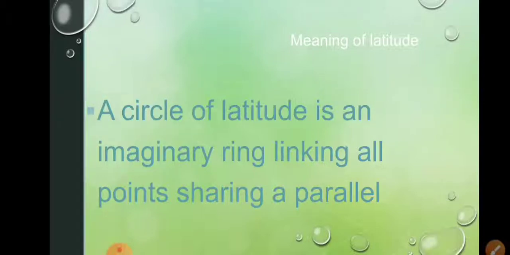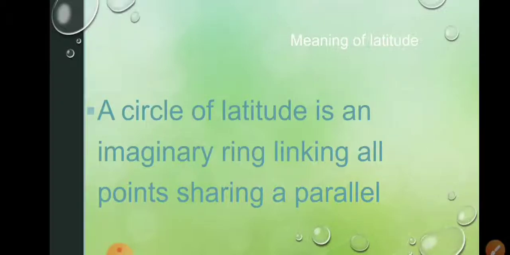A circle of latitude is an imaginary ring linking all points sharing a parallel. Just now you saw, children, these are imaginary lines shaped like a ring or circle. These are called latitudes.